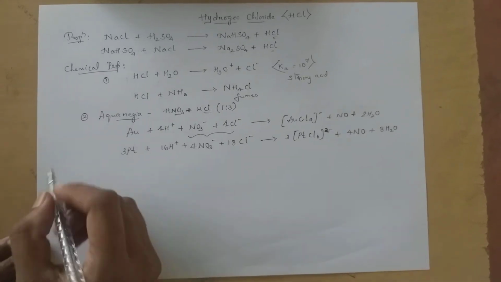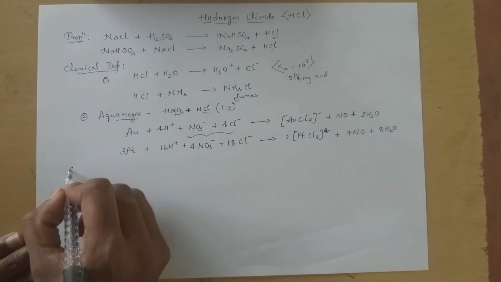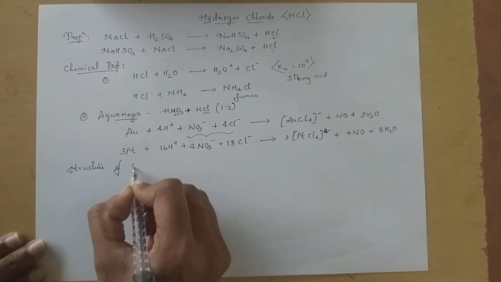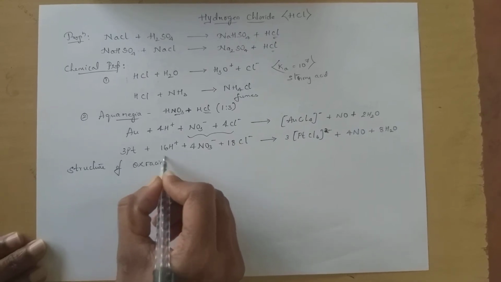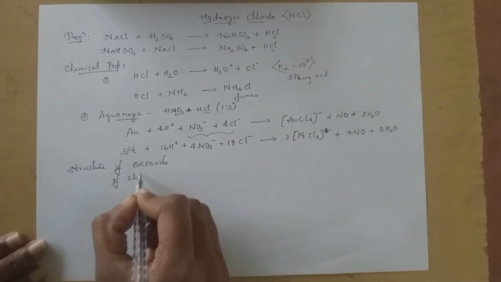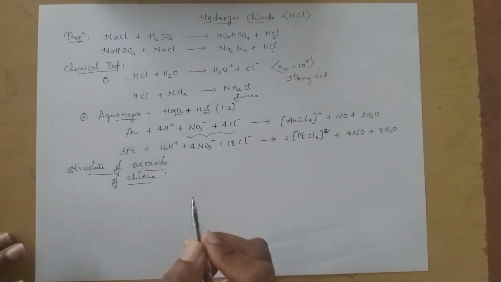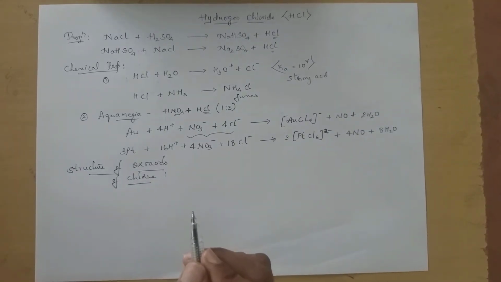So next we have structure of oxoacids of chlorine.